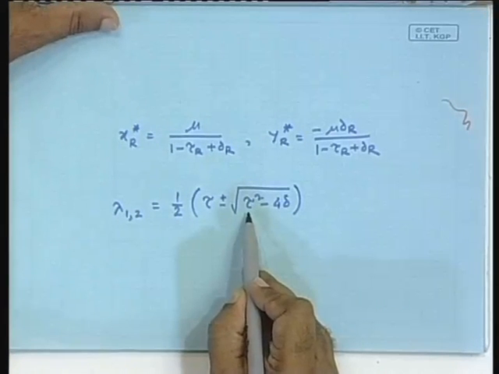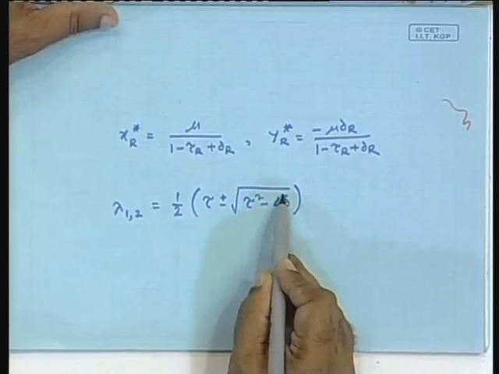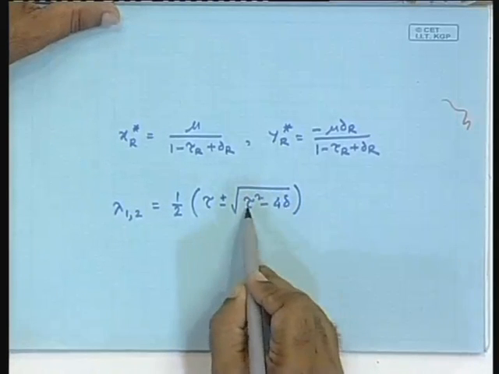Yes. So, easily you can see that the complex conjugate eigenvalues happen when this is greater than this.